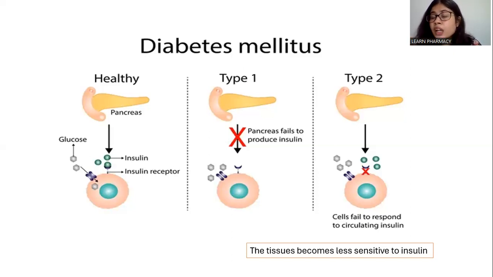That is the main defect. The tissues become less sensitive to insulin. I hope you understand the difference between type 1 and type 2. In type 1, the pancreas is dysfunctional, it has failed. But in type 2, your pancreas is doing its work right, but your receptors are less sensitive.